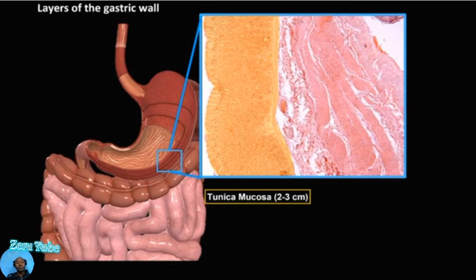To resist those toxic substances, the mucosa layer is thick. It takes around 2 up to 3 cm.